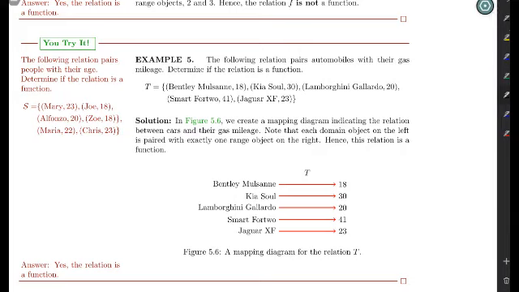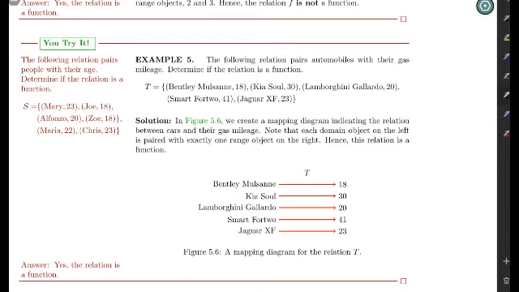We have everything in the domain mapping to exactly one element in the range. So here, let's see, perhaps they tried to throw us a curve with Mary and Maria, or Joe and Zoe.